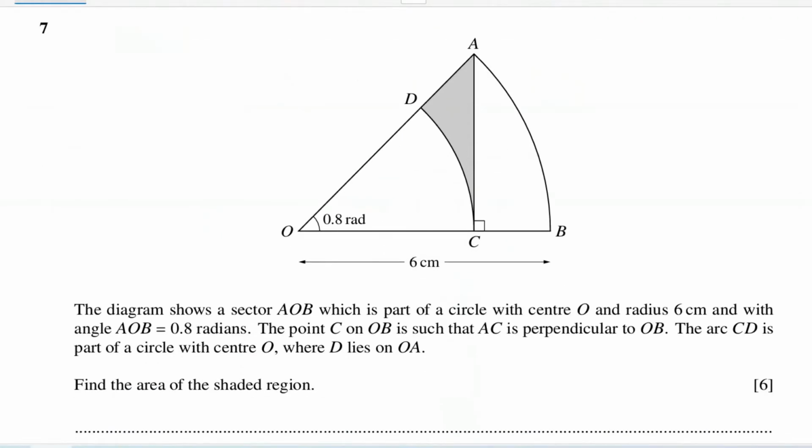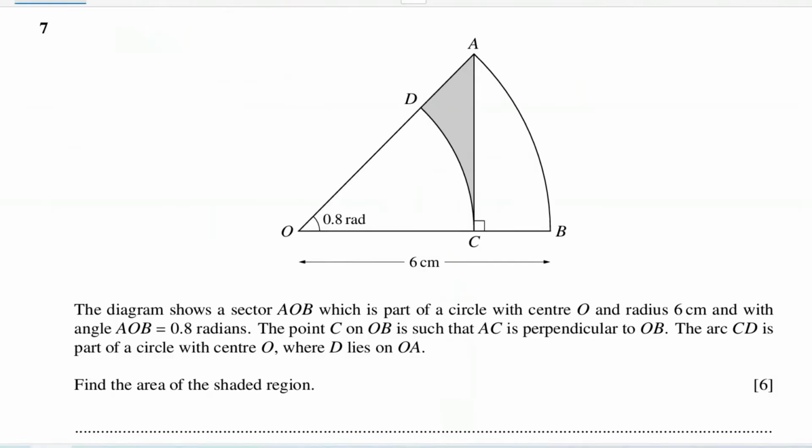Next, question number 7. The diagram shows a sector AOB, which is part of a circle with center O and radius 6 cm and with angle AOB equal to 0.8 radians. The point C on OB is such that AC is perpendicular to OB. The arc CD is part of a circle with center O, where D lies on OA.